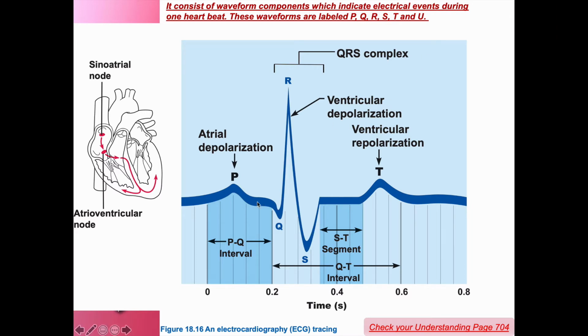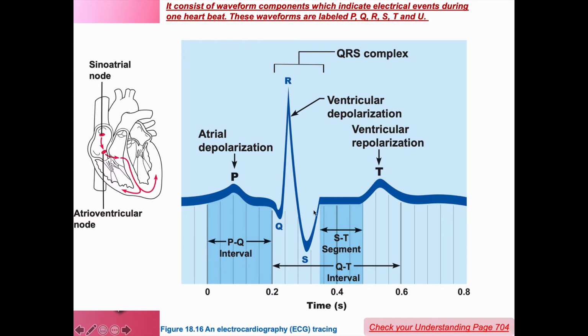The time taken between the formation of the P wave and Q wave is the PQ interval. The time taken between the ventricular contraction and the relaxation, that is from Q to T, is called the QT interval.